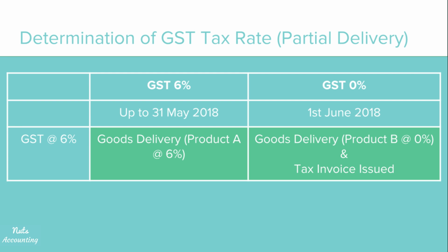You will need to split out your products, and your GST will be calculated based on the delivery date. So product A will be at 6% and product B at 0%, and your tax invoice needs to show these two products with two different GST tax rates.